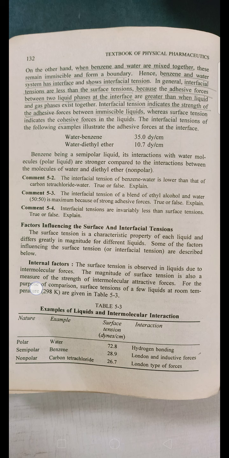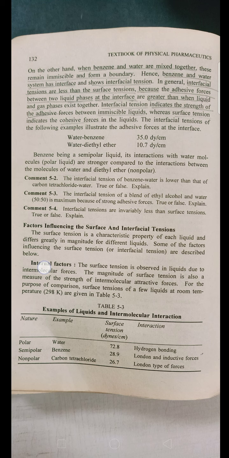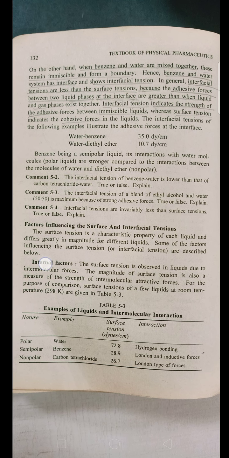Okay, now what are the factors? Here an example is given: benzene is a semipolar liquid, right? So its interaction with water molecules, or polar molecules, is stronger compared to the interaction between non-polar molecules.